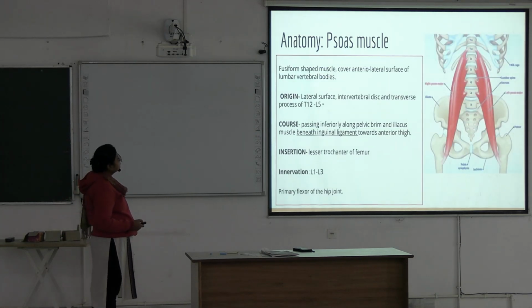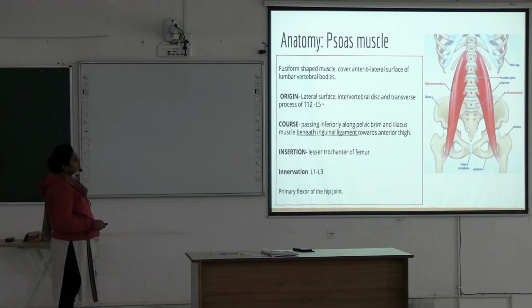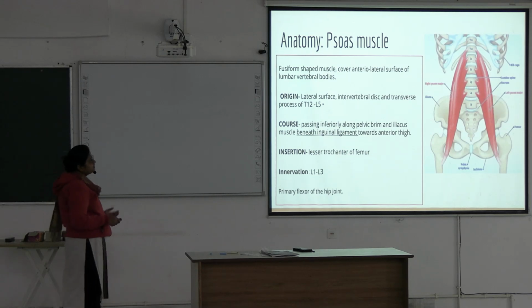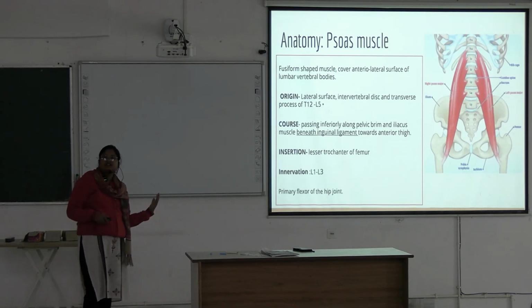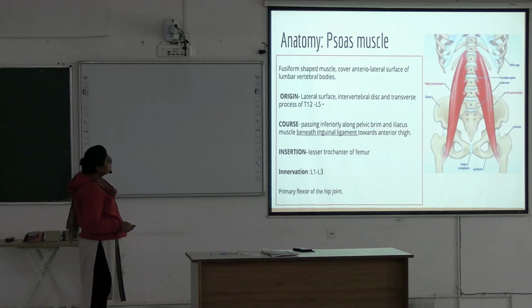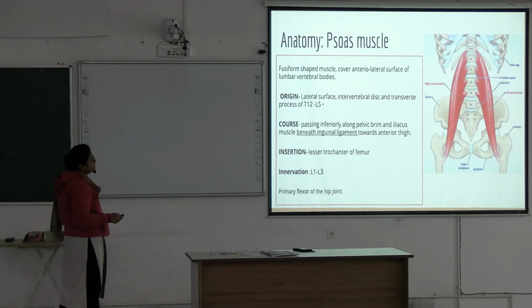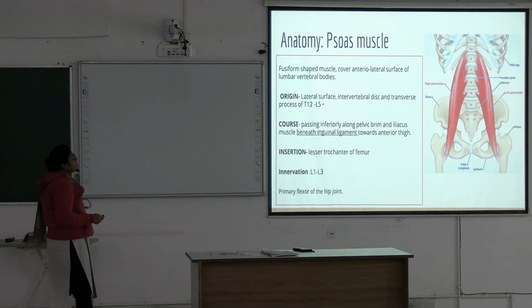Next. Okay, see, this is the psoas muscle. What is the location of the psoas muscle? The psoas muscle is a fusiform muscle. You will see the psoas muscle in the posterior abdominal dissection class. Okay, so it is a fusiform muscle covering the anterolateral surface of the lumbar vertebral bodies, arising from the lumbar vertebral bodies. What is the origin?